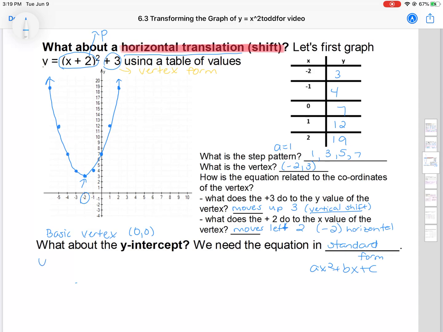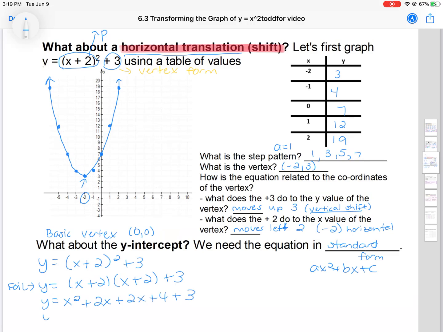So you would have to do a little bit of expanding and simplifying. I would write this out like this, and then FOIL: x squared plus 2x plus 2x plus 4 plus 3. So then you get x squared plus 4x plus 7.